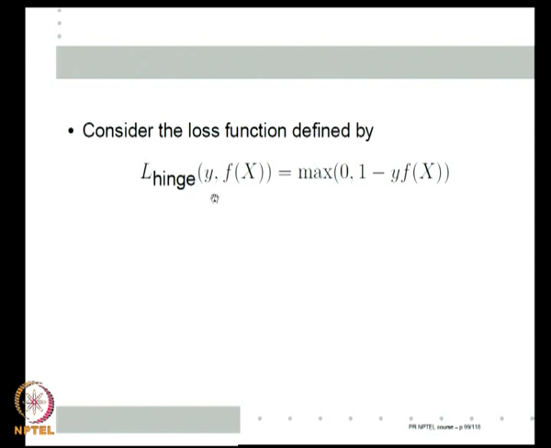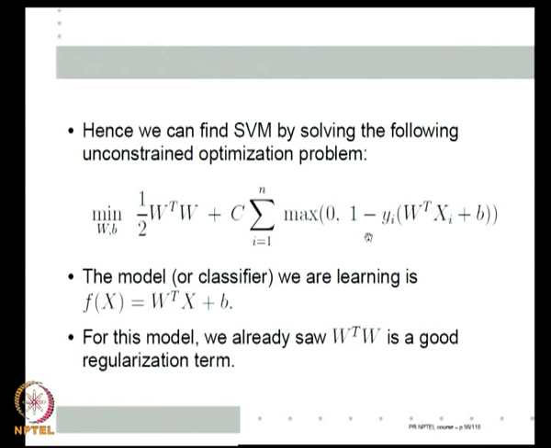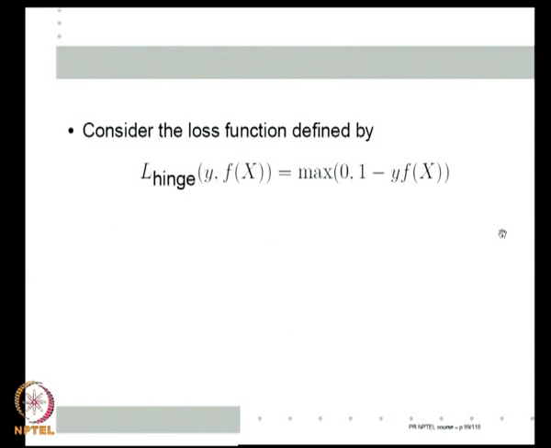So, the hinge loss for x, y for a model f is L of y comma f(x) is max of 0 comma 1 minus y into f(x). That is what we have here. That is exactly max of 0 comma 1 minus y_i f(x_i). Right. So, that is the hinge loss.